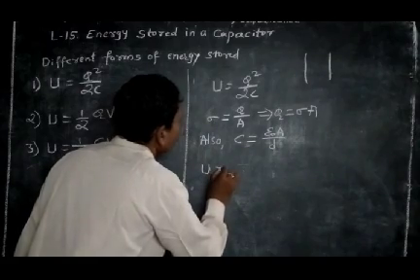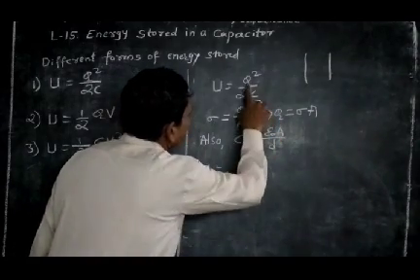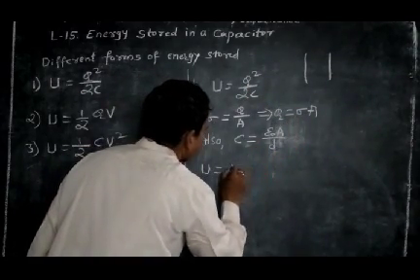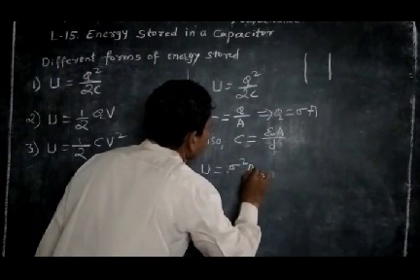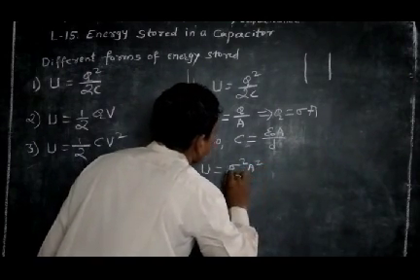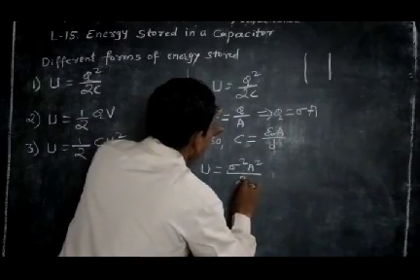We get U equal to, Q is nothing but sigma A, that is sigma square A square upon 2.